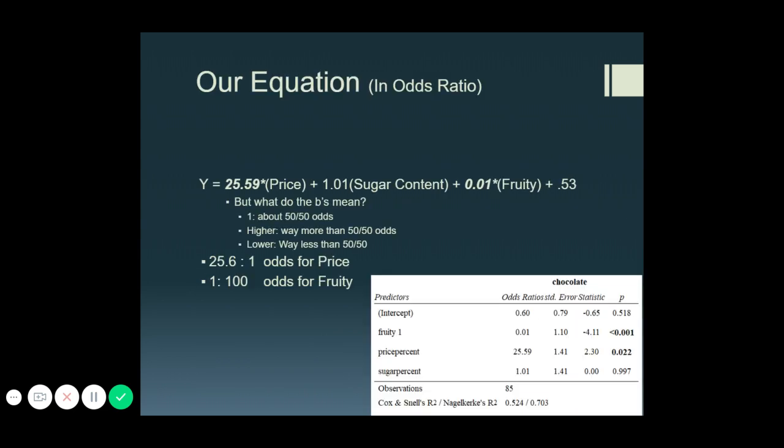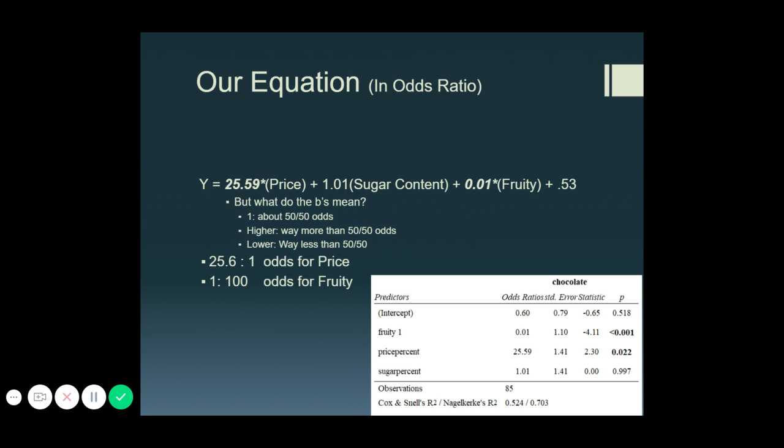But first, we see that our results, listed here as odds ratios, are actually still significant. The b-value for price and the b-value for whether it is fruity or not are both significantly different from 0, or in this case from 1. We see here that price has a value of 25.6-ish.